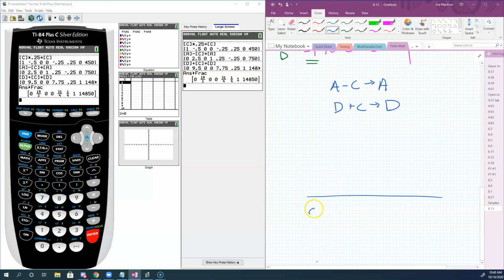D was the bottom row, so I've got 0 and 19 halves, and 0 and 0 and 31 quarters, and a quarter, and 1 and 14,850. Okay, so that's telling me at least I'm done, and the best profit I can make is 14,850.